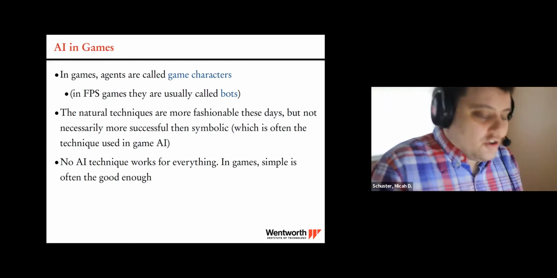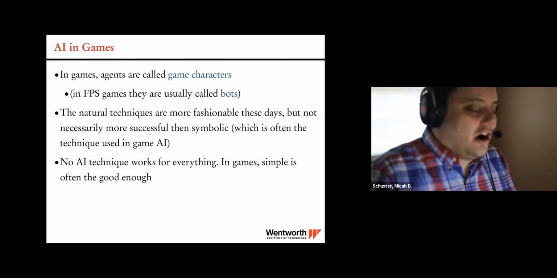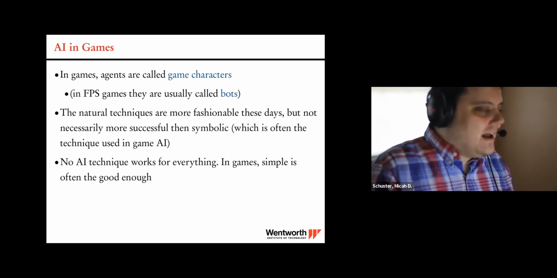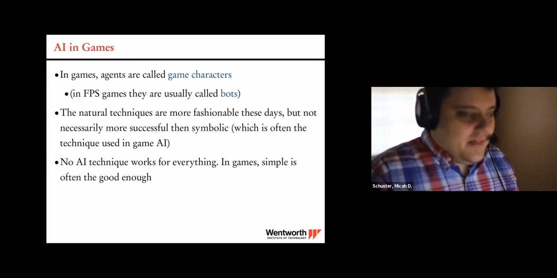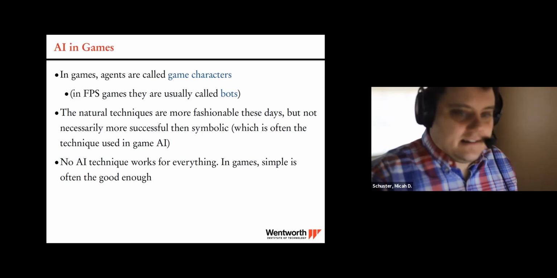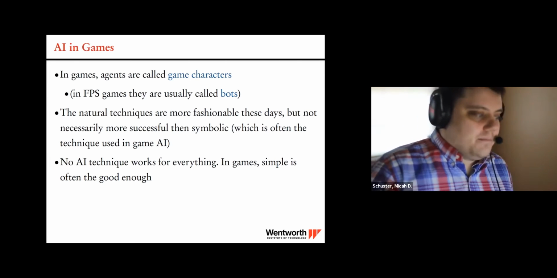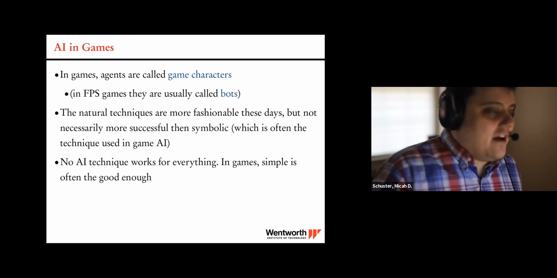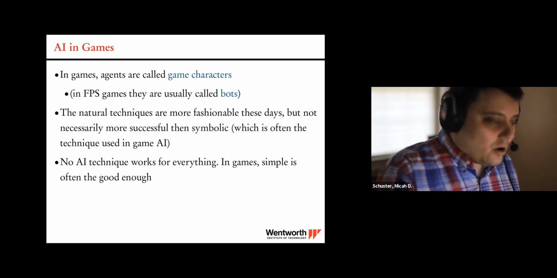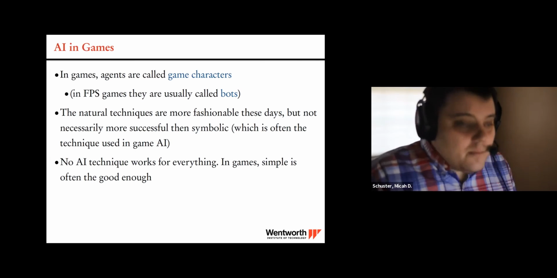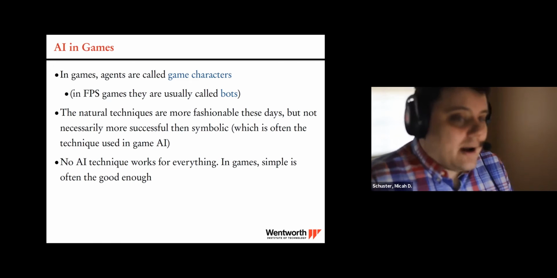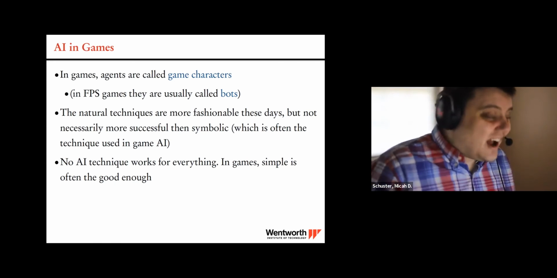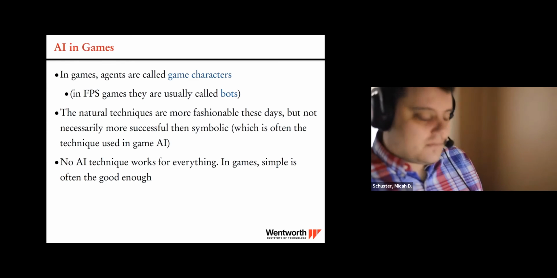If you create a neural network for your RTS game agents, all your little agents that need to do pathfinding, it doesn't mean it's going to be any better than standard A-star style pathfinding. Not every technique in the AI world is going to work for every game. So when it comes to actually doing some AI programming in the games you're making, simple is the place to start, and a lot of times simple is good enough.